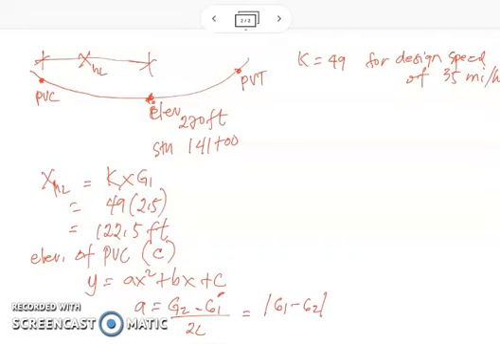And actually, this is equal to our A. And if we try to make use of that, we can have this equation: A is equal to G sub 2 minus G sub 1 all over 2L, where G sub 2 minus G sub 1 is actually equivalent to A.